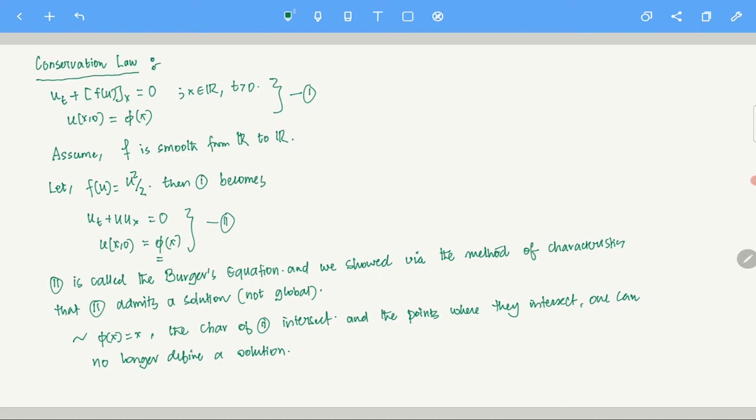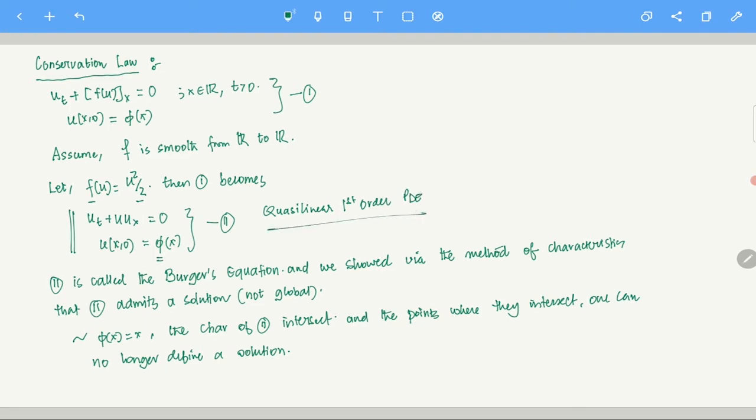If you take this example, f of u to be u squared by 2, (1) turns out to be our familiar equation, the Burgers' equation. So this is an example of a quasi-linear first order PDE. Clear?